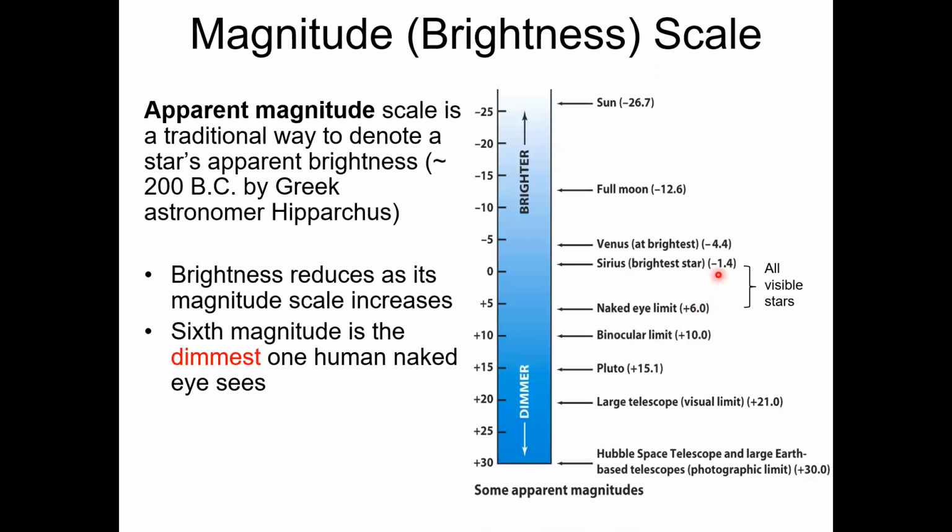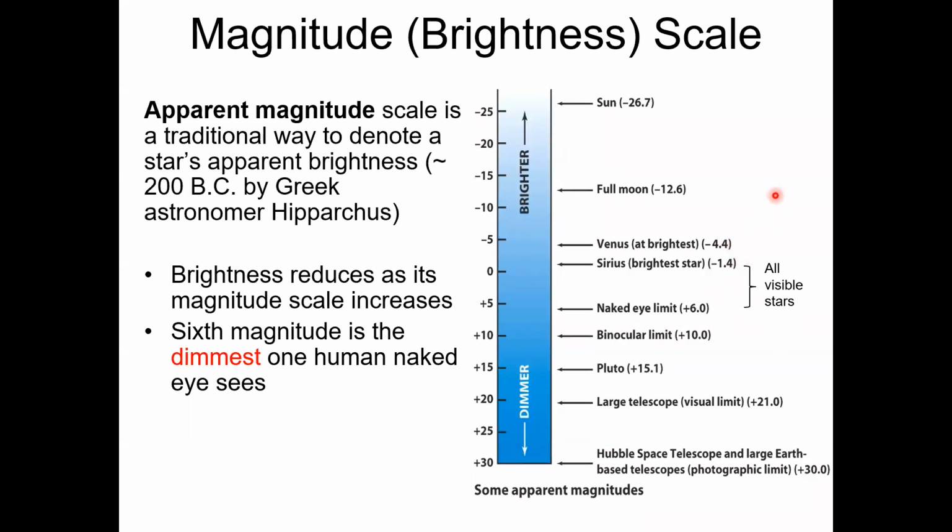Eventually you get to negative also. Sirius is much brighter, and its magnitude is -1.4. Venus is brighter than Sirius and it's -4.4. So you can see this is -1.4 to -4.4, a three magnitude difference.